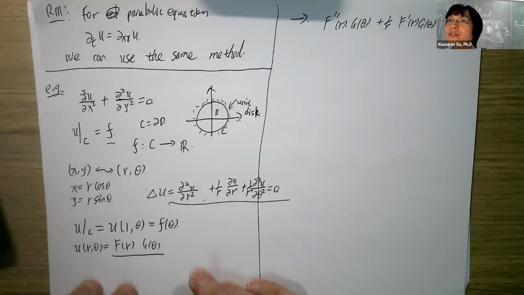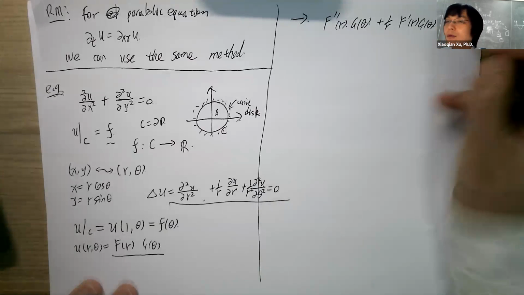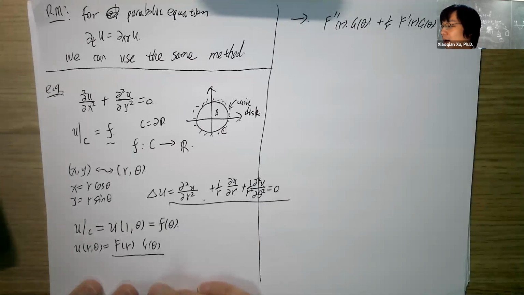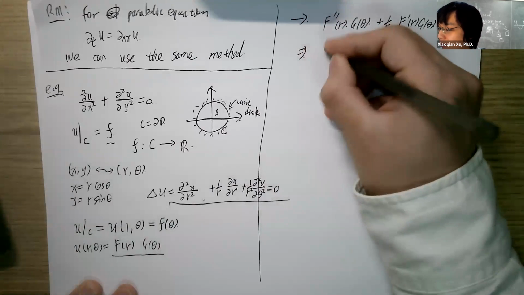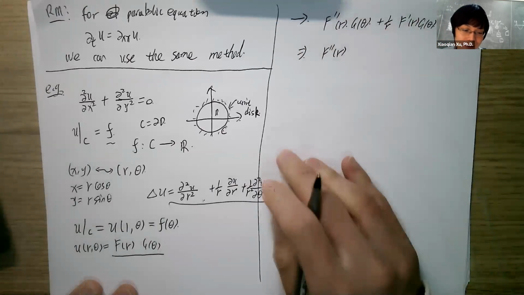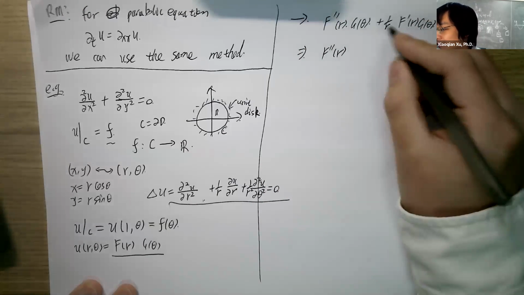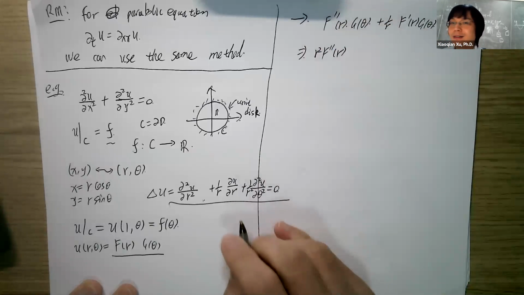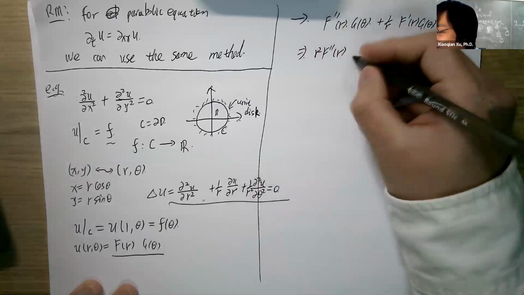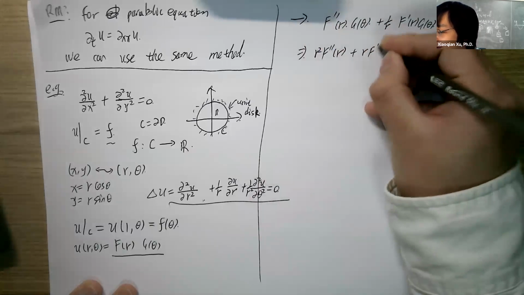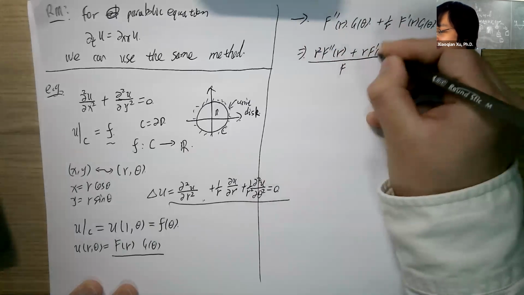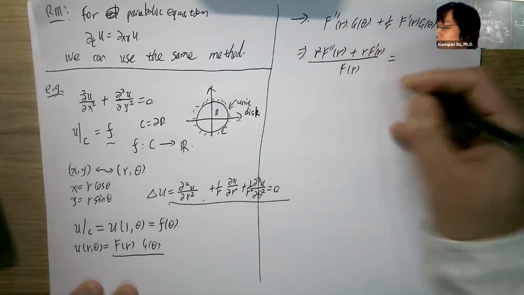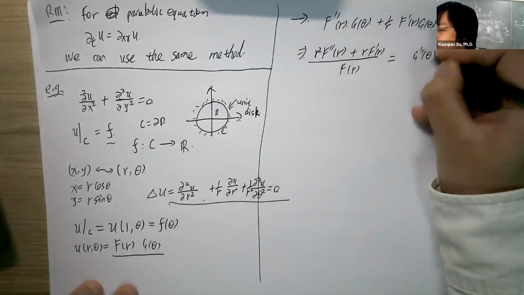So we can do the same trick as we did before. We move this term to the right-hand side and then divide both sides by f times g. What we will get is, let's multiply by r squared as well so that it looks a little bit nicer: r squared times f double prime plus r times f prime, divided by f, is equal to minus g double prime over g.